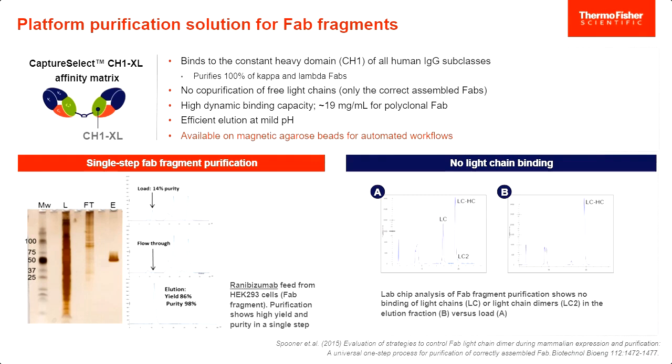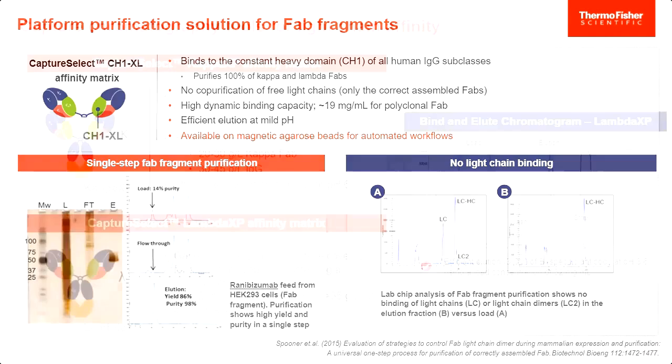So you can use CH1XL, either an agarose version, but we also have the magnetic bead version for those looking for early research phase purification, or for those customers that have automated platforms like the Kingfisher that can handle magnetic beads.